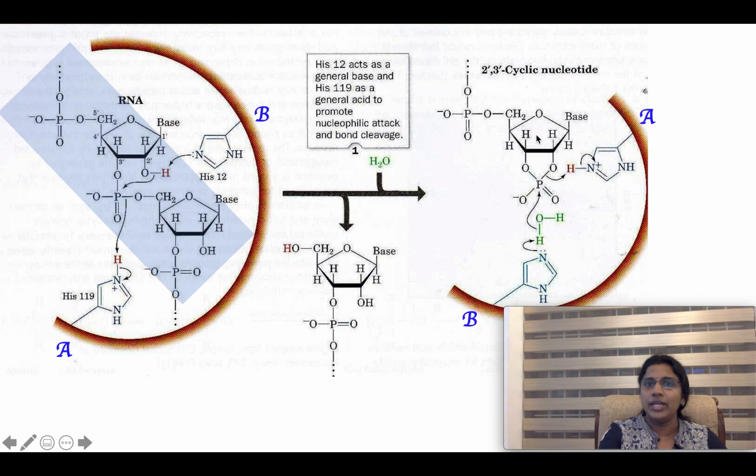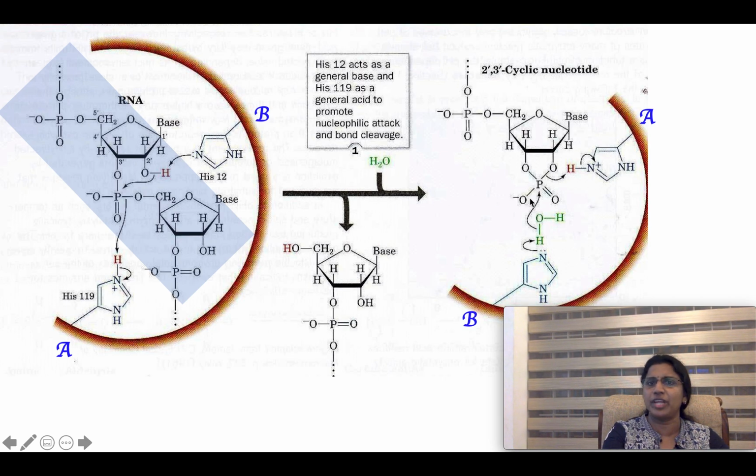Now you get the 2' 3' cyclic nucleotide here, with histidine 12 in the protonated form and histidine 119 in the deprotonated form. This 2' 3' cyclic nucleotide, which is the transition state, is stabilized by lysine 41 by interacting with the phosphate group.